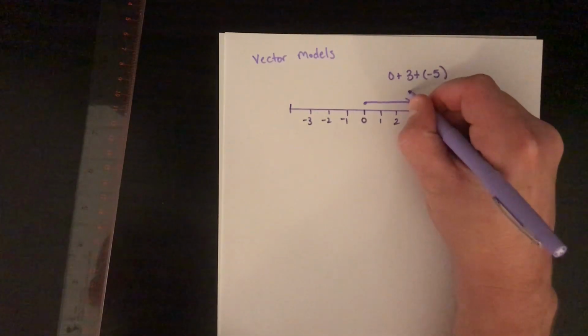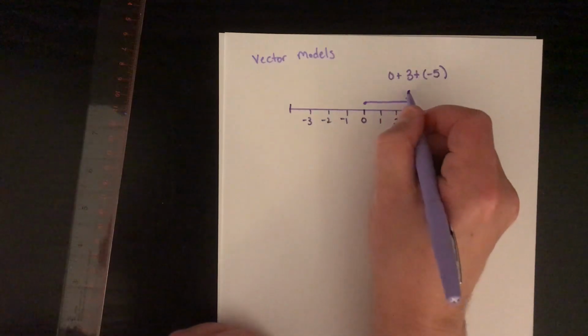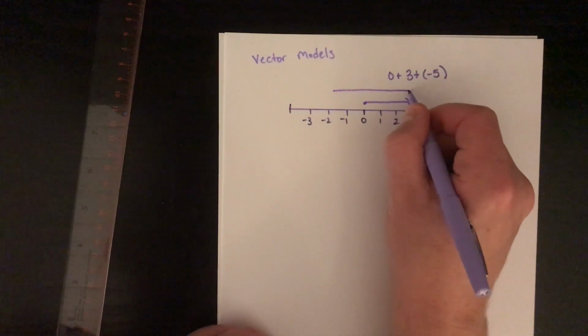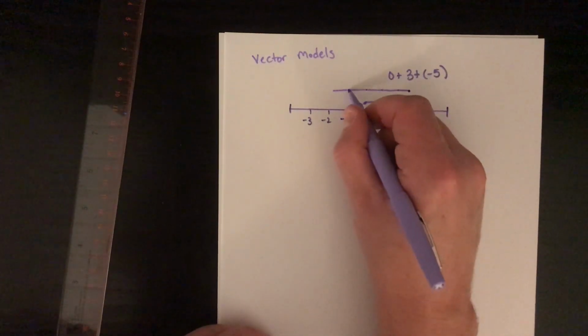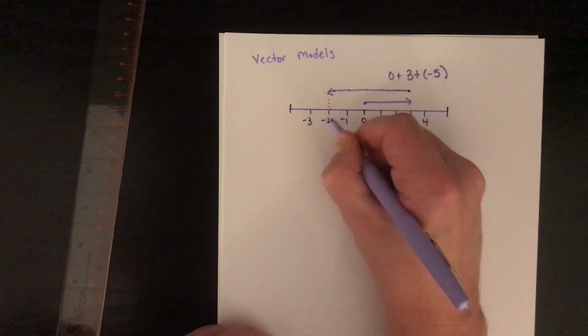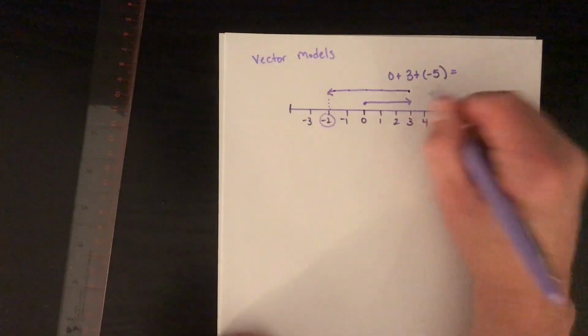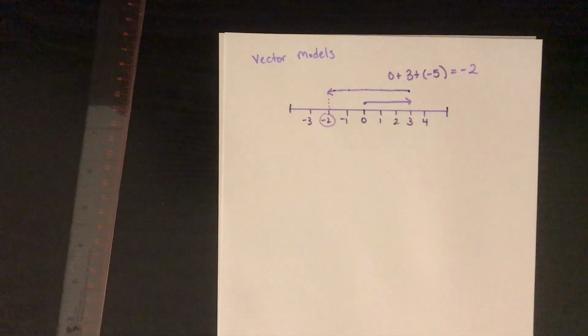And then we start our next vector at 3, and we're going to go 5 units to the left. And we count as we go. 1, 2, 3, 4, 5 units stops us right here at -2. And so that means that the sum in this case, 3 plus -5, equals -2.